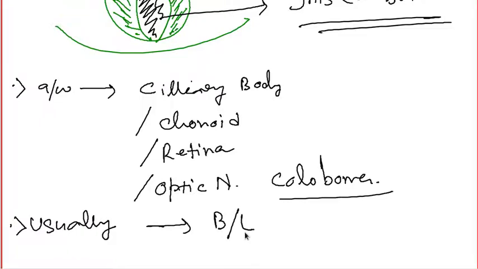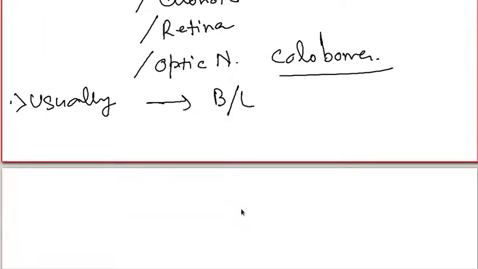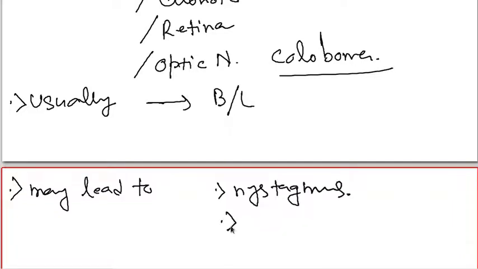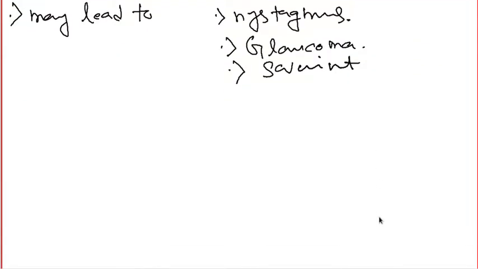Now it may lead to nystagmus first, second can be glaucoma, and another can be squint. So this iris coloboma may lead to nystagmus, glaucoma and squint.